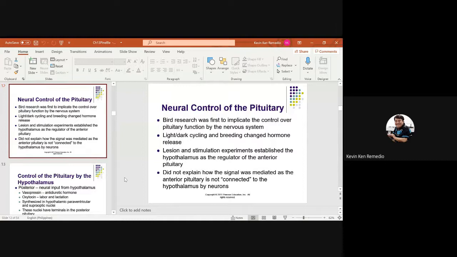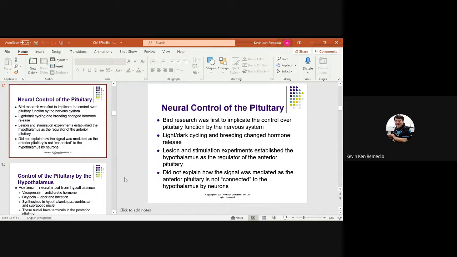Okay, neural controls of the pituitary gland. So in one of the researches on birds, didto una nakita nga the control over the pituitary function was mediated by the nervous system. Meaning, ang pituitary gland is of course controlled by the nervous system. Okay?